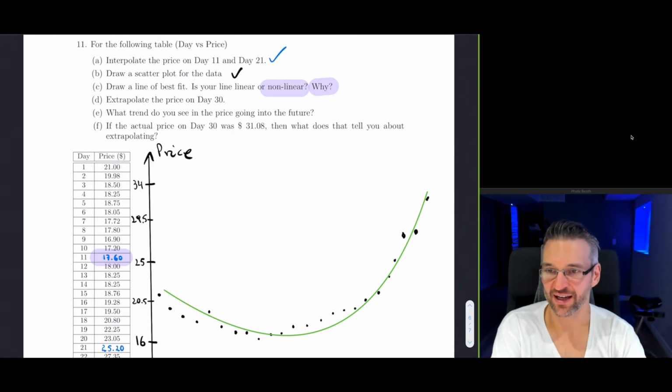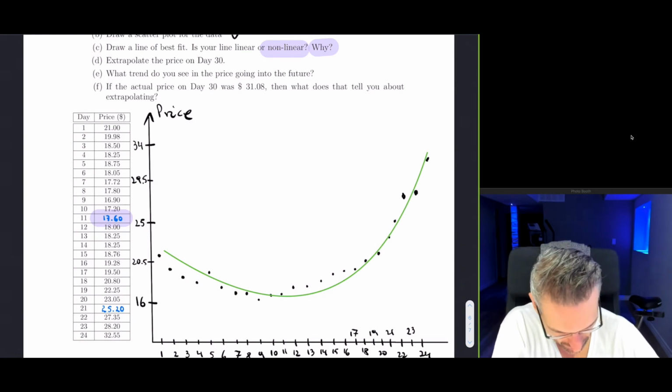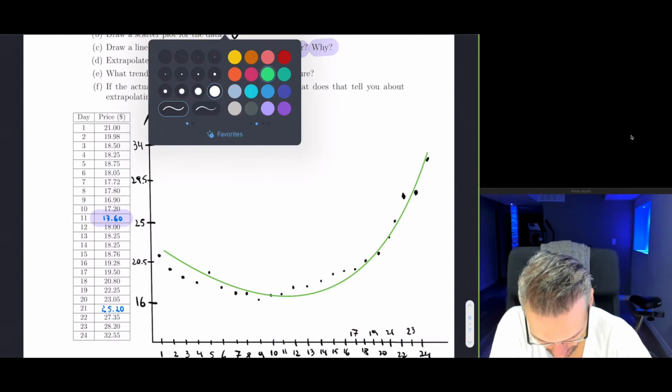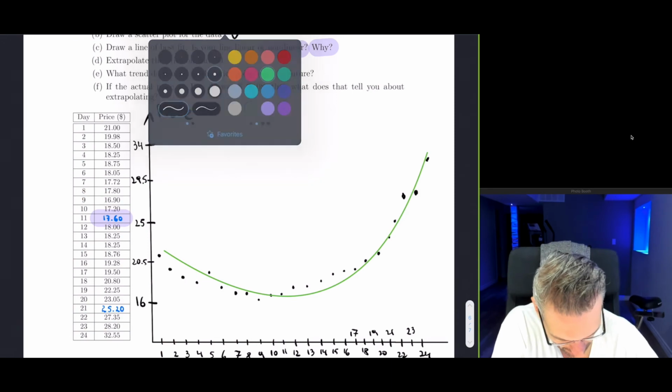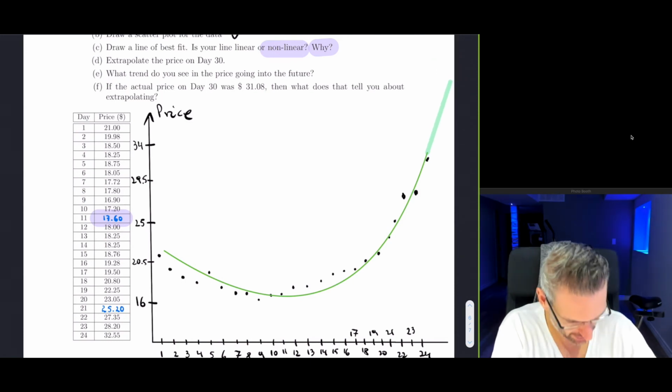Extrapolate the price on day 30. So day 30, well, we were at 24 and 24 was around 32.55. Notice it looks like this thing's blowing up on us here. So if we were continuing this on, this is going straight upwards. I don't know how it would have gone, probably something like that.